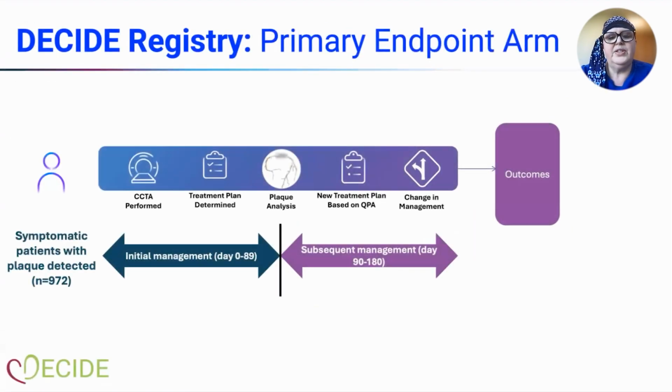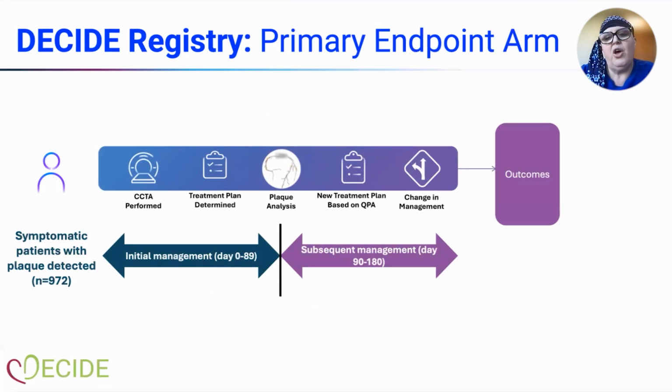This also gave us information on how we would teach other people how to use this, and actually helped give us some fundamental learning tools to decide how we were going to look at the different arms in the DECIDE registry.